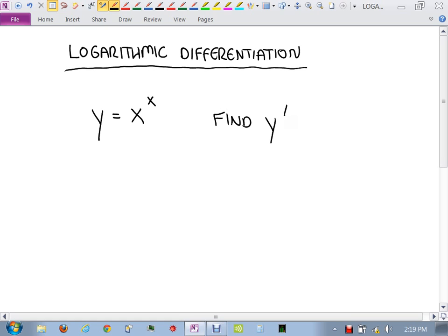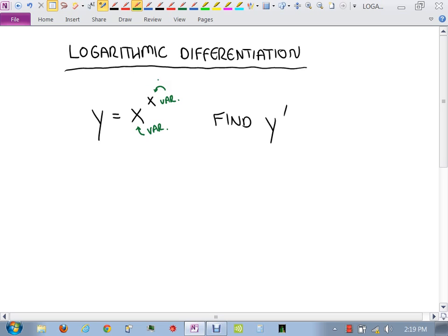So I have ways of dealing with it when either the exponent or the base is a number. But up to this point, we have no way of dealing with it if your variable appears in both the base and the exponent.